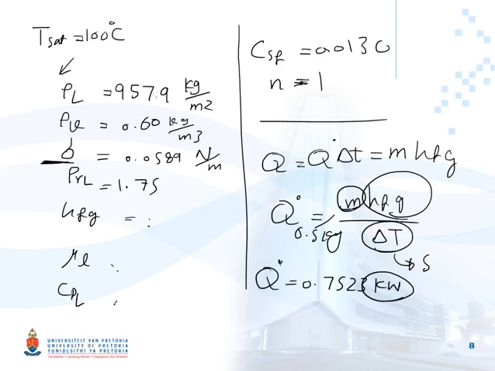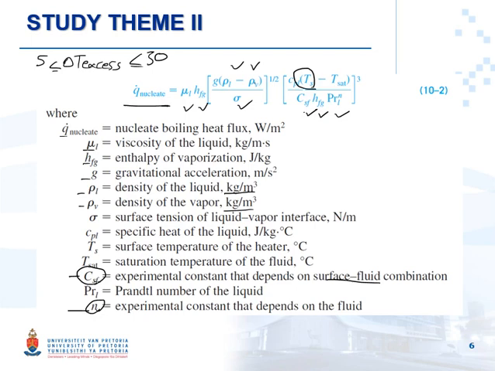But is Q dot, there is a difference, because what we find is Q dot nucleate. If you see here, let me go back to the correlation, there is no A, so there is no surface area here, so keep it in mind.